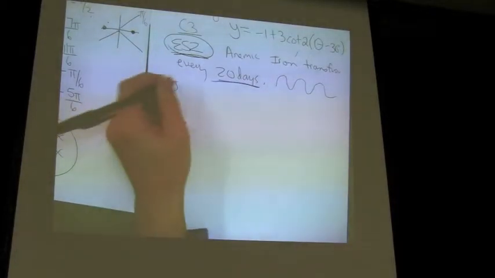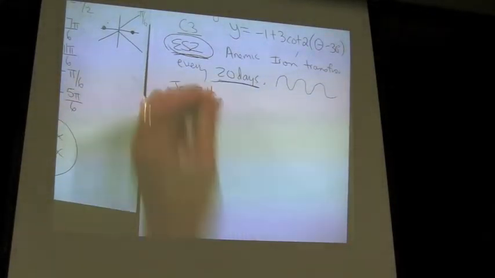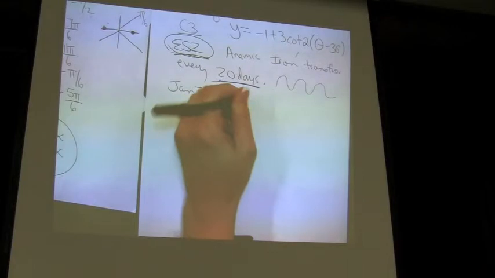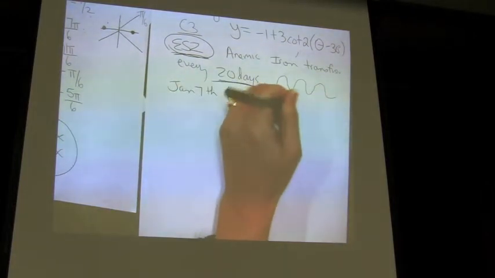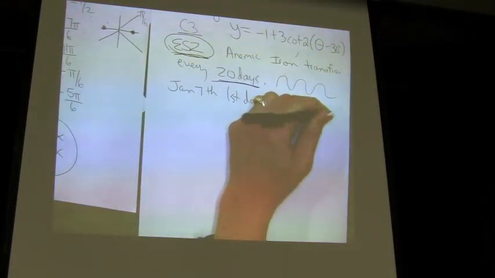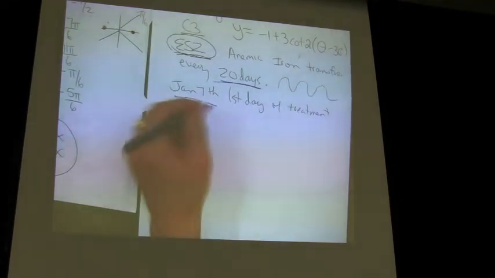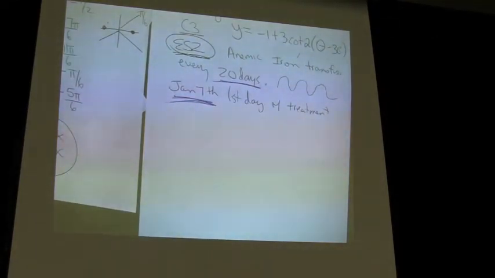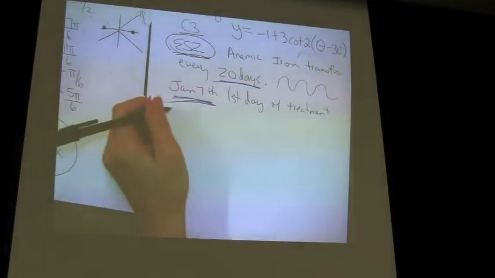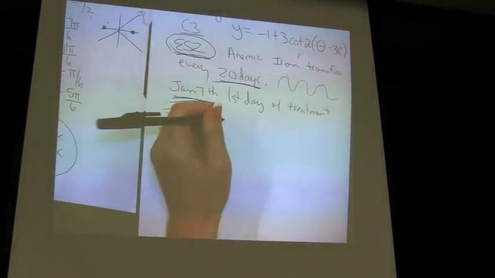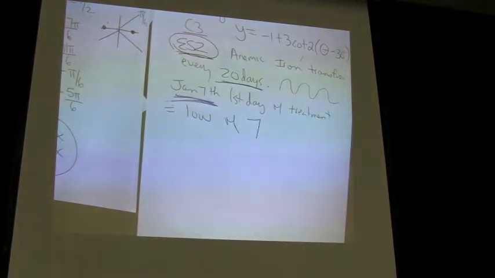On January 7th, the first day of treatment. So, that's another fact, right? On the first day of treatment, her white blood cell count is at a low of 7.